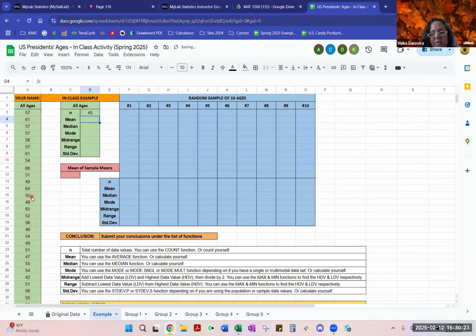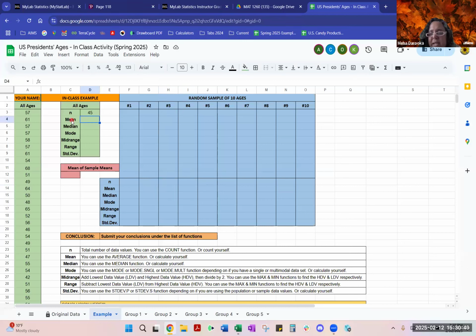So you will see once I hit enter, that comes out to a total of 45 ages. So we have a total of 45 ages over here, and the count function helps you calculate that. So I have that same N value over here because you guys will be coming up with your sample sizes here, and you want to make sure you have the accurate number of sample sizes, but we'll get to that part in a minute.